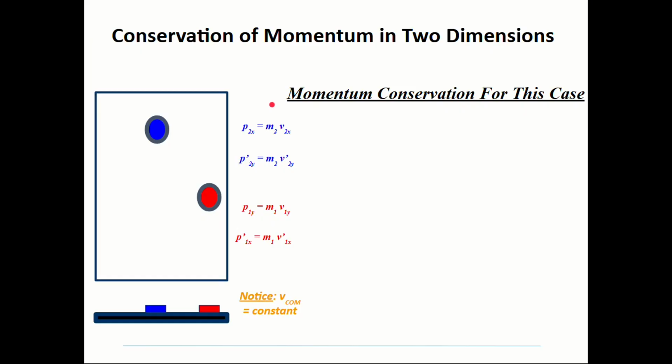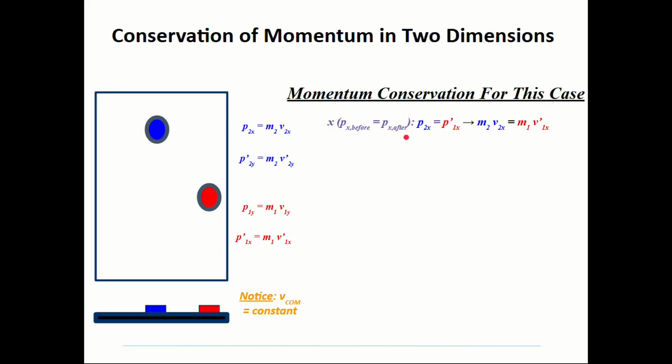Now, we are going to take a look at the momentum conservation, again through a mathematical lens. What we have here in the x direction is that the momentum before is equal to the momentum after, particularly for the x direction.